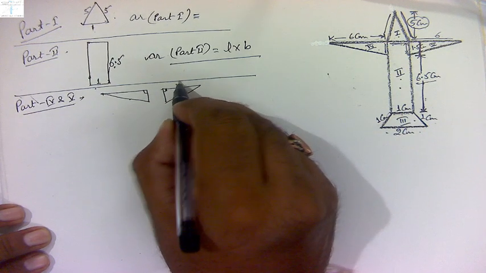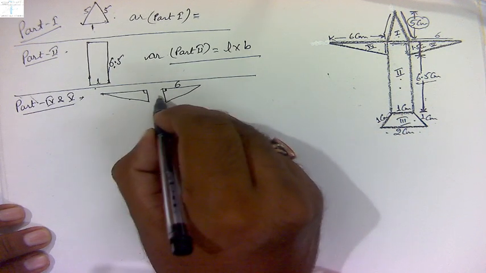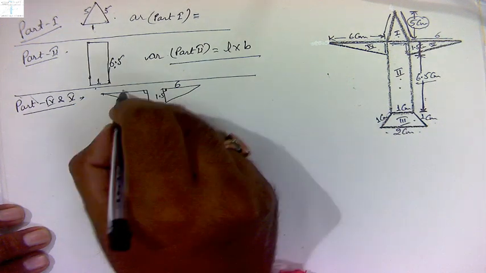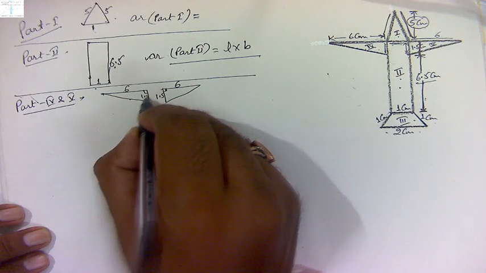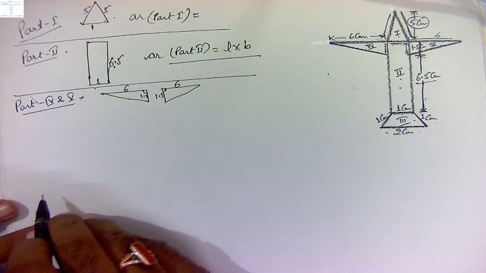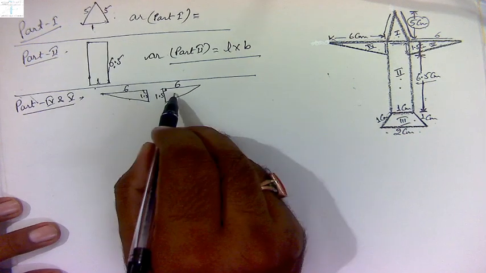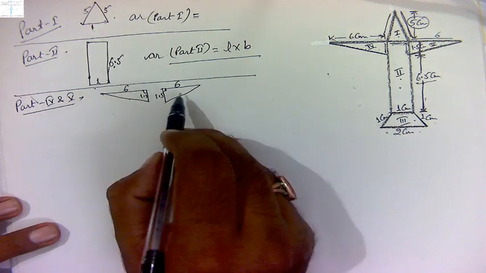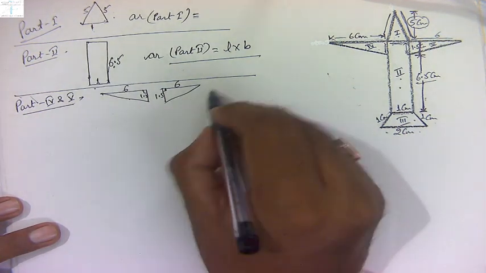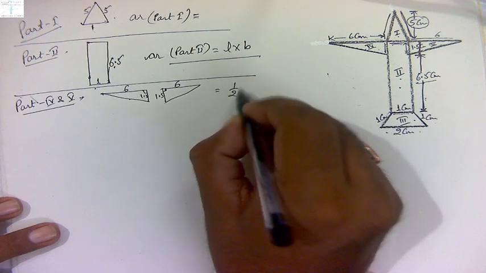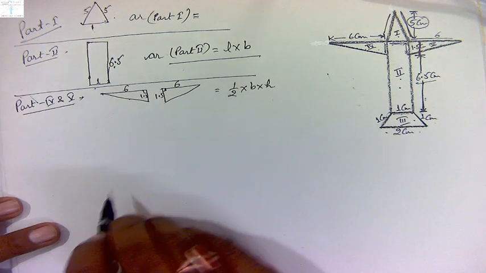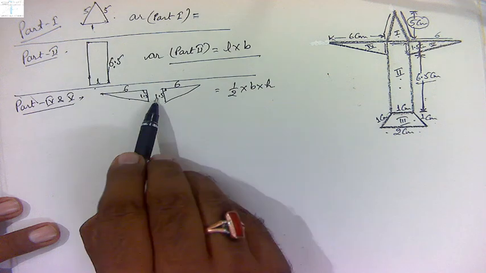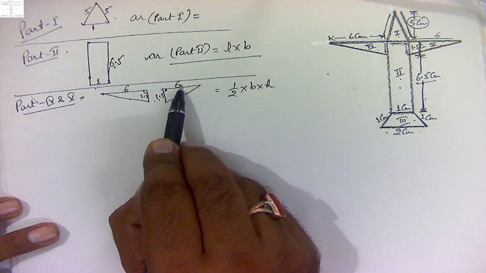This dimension is 6 centimeter. This is 1.5. Same here also, 6 and 1.5. So here, being a right angle triangle, you can find the area of this right triangle by using half base into height, where base you can take 1.5, height you can take 6.